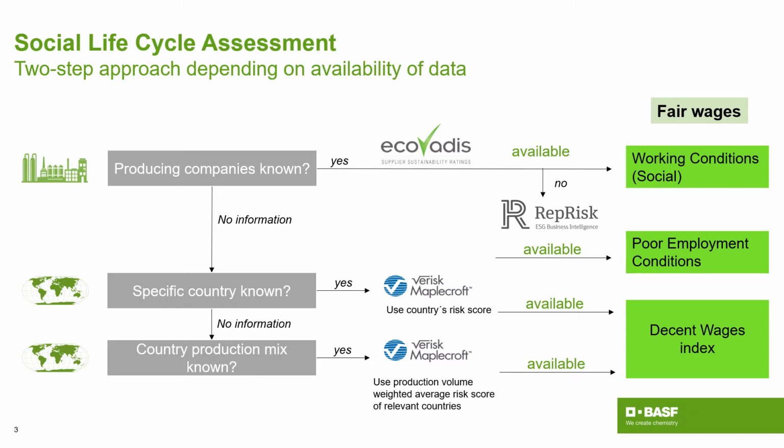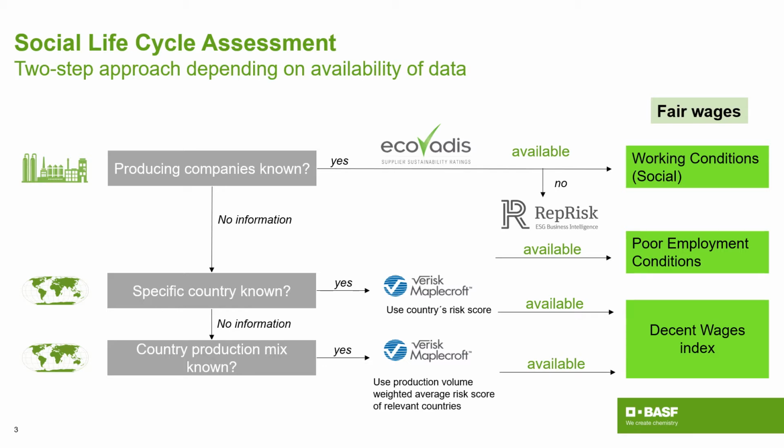For example, we have here the indicator fair wages. We take out of EcoVadis the working conditions indicator coming from the social dimension. If we don't have information on the company in EcoVadis, we go the next step and we use the database RepRisk, which is also an openly available database, which considers risks in different types of media and displays them in the database.